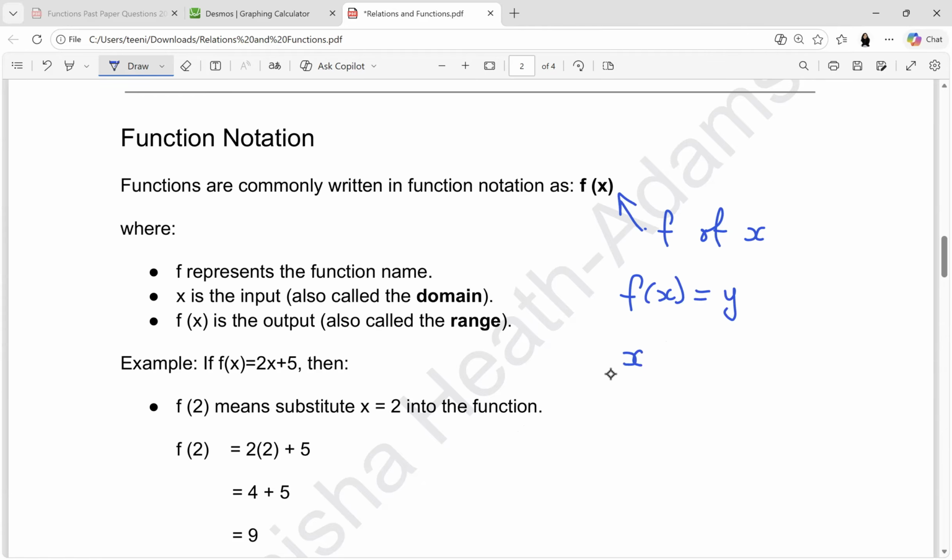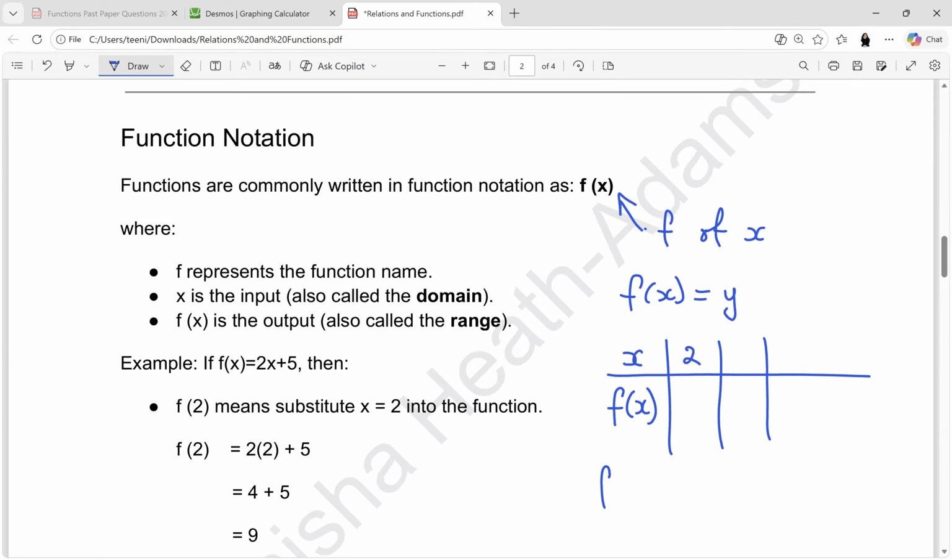If I'm looking at a table of values, and I have x and my f of x values, my f of x values are really my y values, okay? So when x is 2, if the relationship that maps x onto y is 2x plus 5, then what is the value of f of x when x is equal to 2?